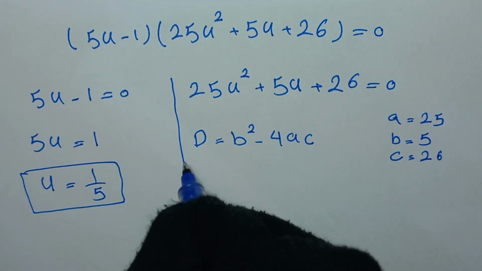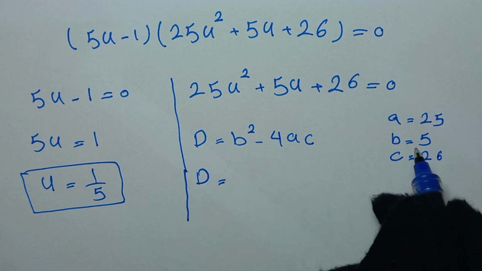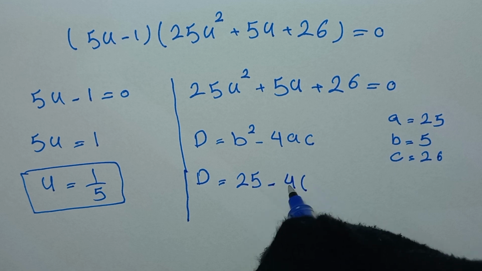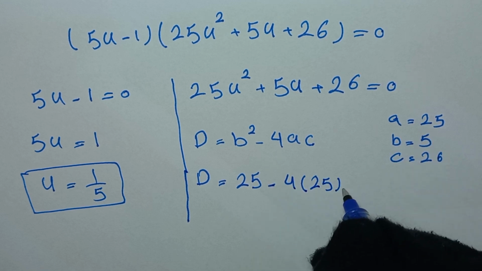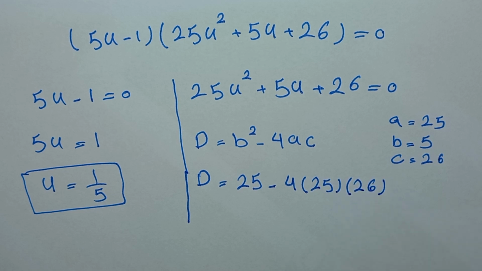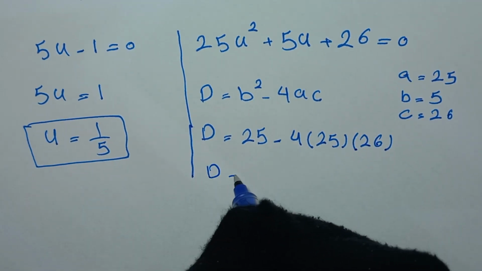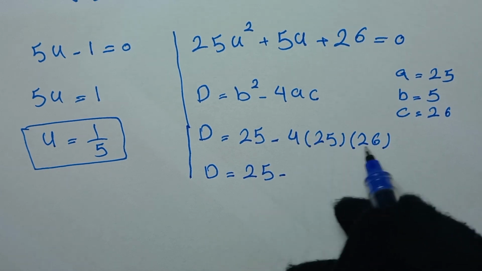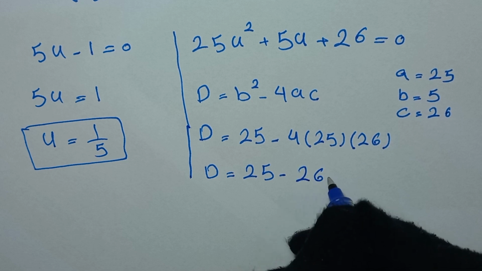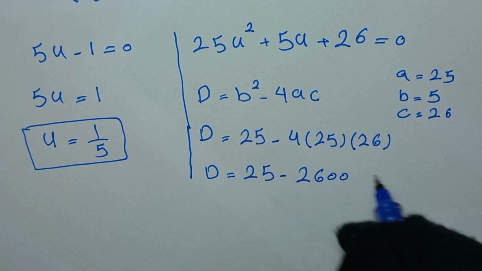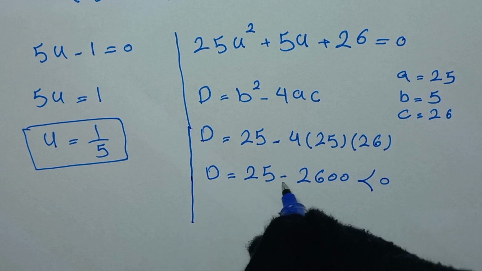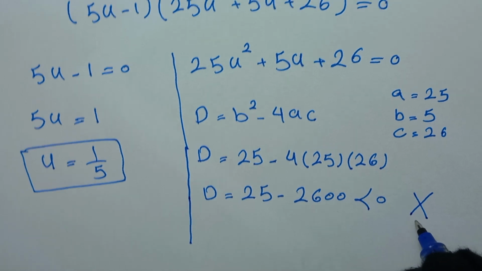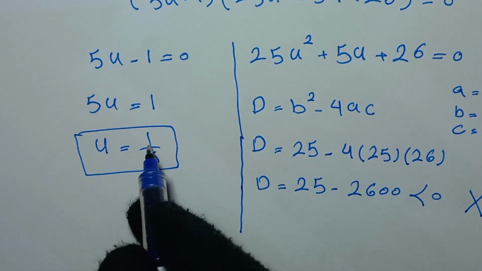So the discriminant is equal to b squared, 5 squared, which is 25, minus 4 times a, which is 25, times c, which is 26. The discriminant is 25 minus 4 times 25, which is 100, so 100 times 26, which is 2600, right? And 25 minus 2600 is less than 0, so here we have no real solution, so we reject this answer and we continue with u is equal to 1 over 5.